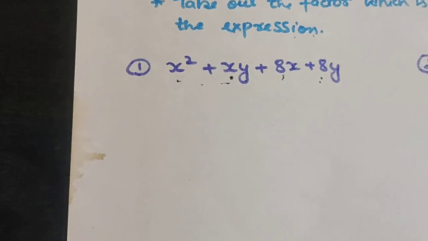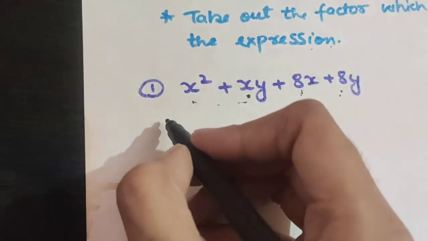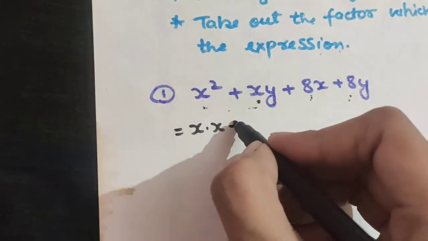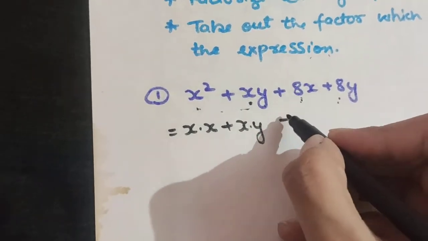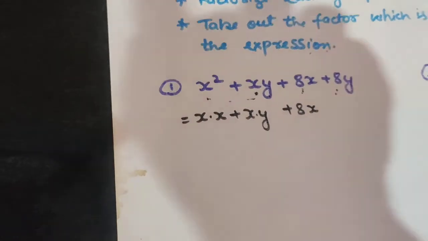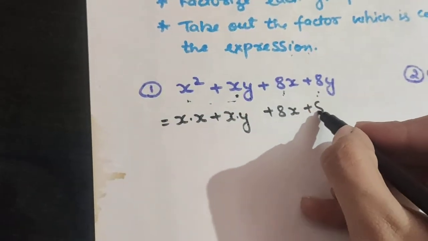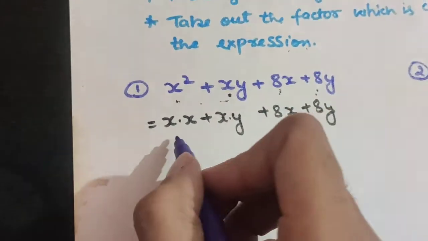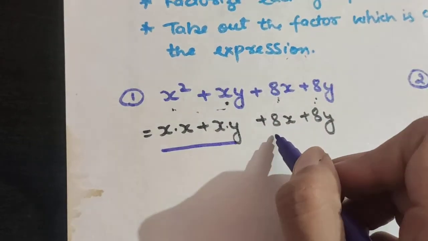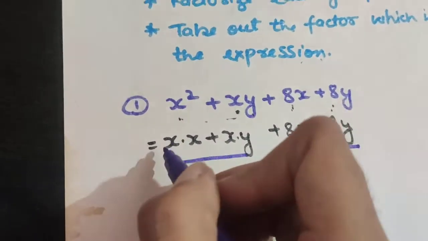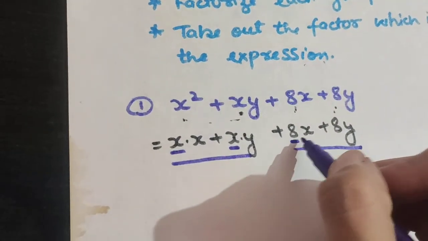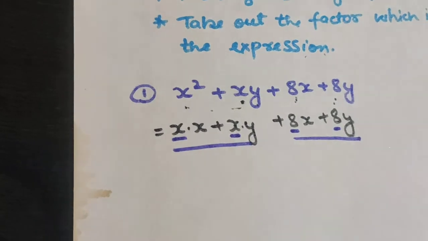That means we can write x square as x multiplied by x, right? And this is 8x and 8y. Now you can see that this is our first group and this is our second group. In the first group the common factor is x and in the second group the common factor is 8.